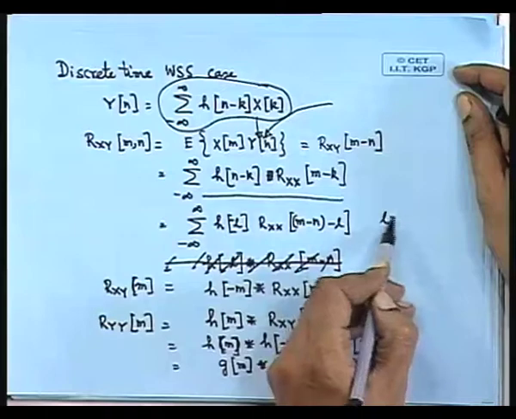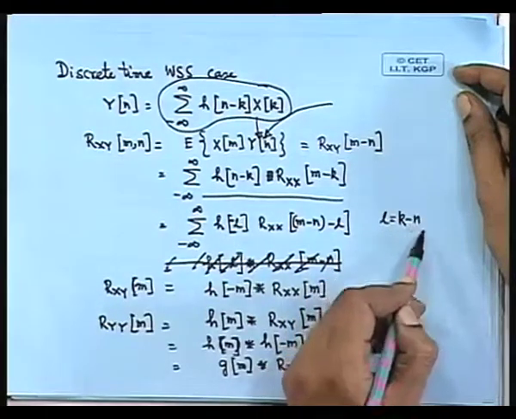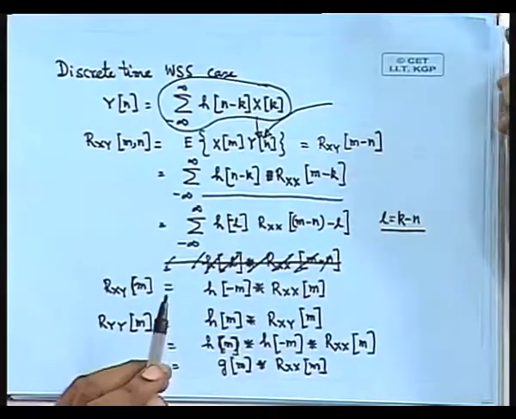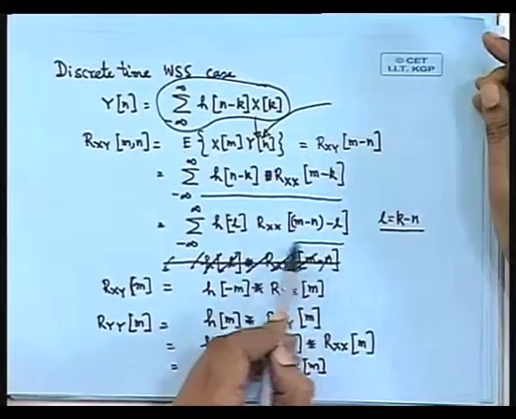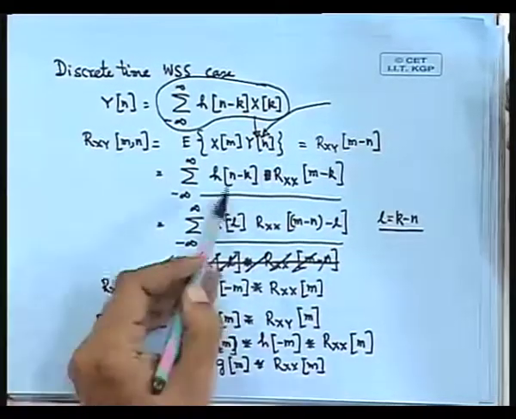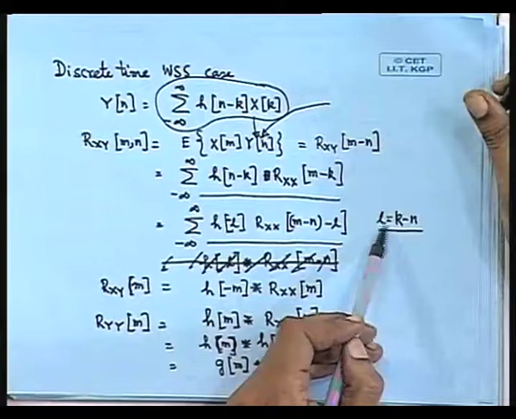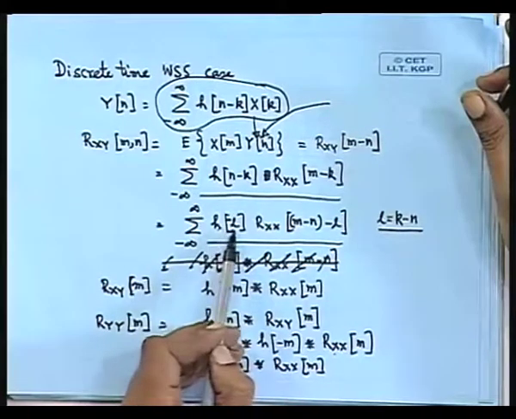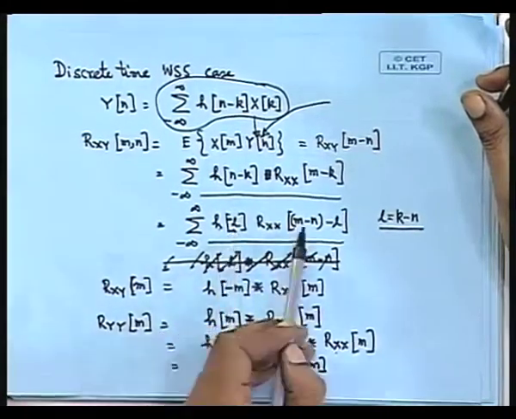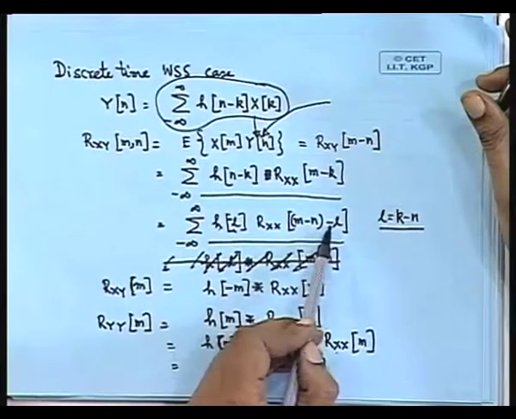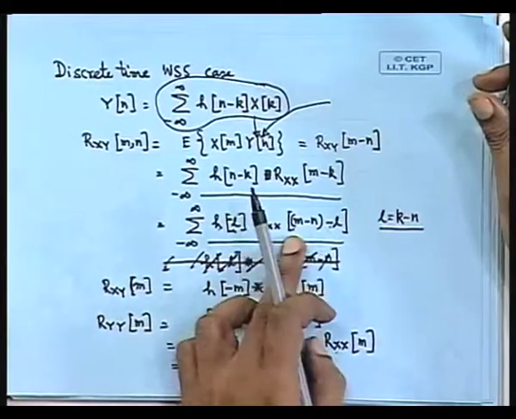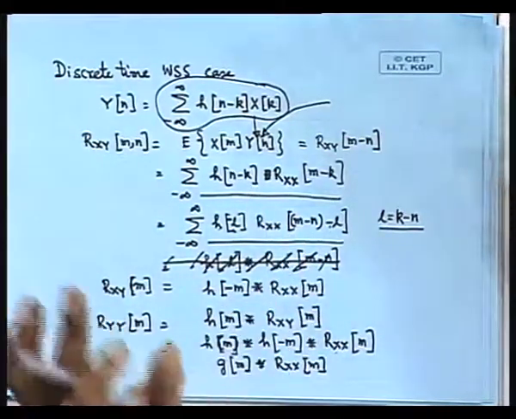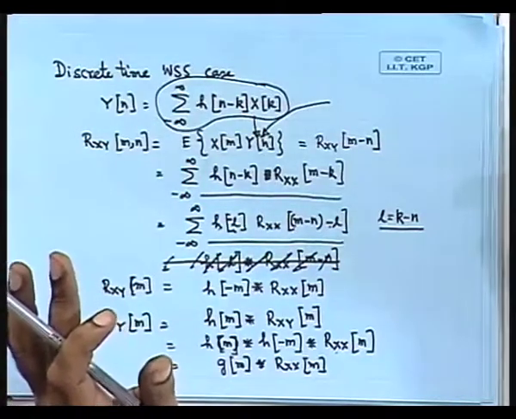So it turns out that this is going to be your Rxy, and if you play with the indices, for example, if you define L equal to k minus n, then by switching indices you have h of minus L, and here you have m minus n minus L. Why am I doing it? I want to get it into a beautiful form which you will remember easily.